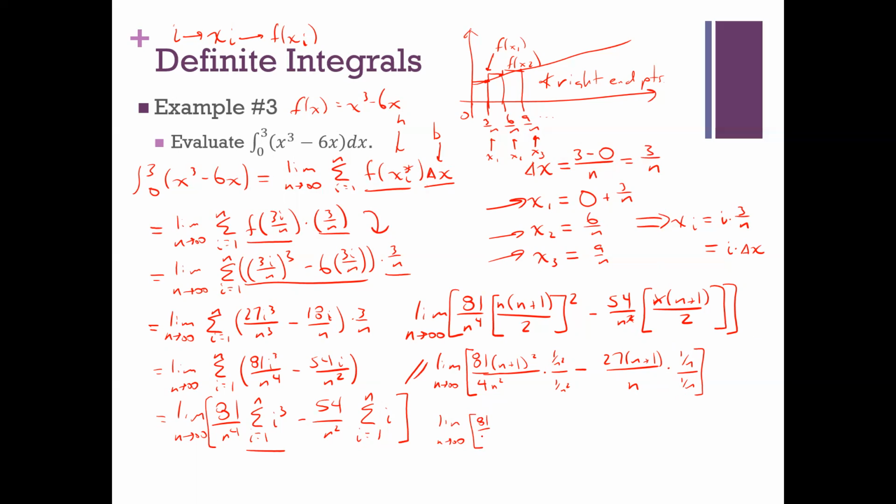So I get 81 over 4 times (1 plus 1 over n squared) over, actually that's done now, times 1, minus 27 times (1 plus 1 over n), all over 1.